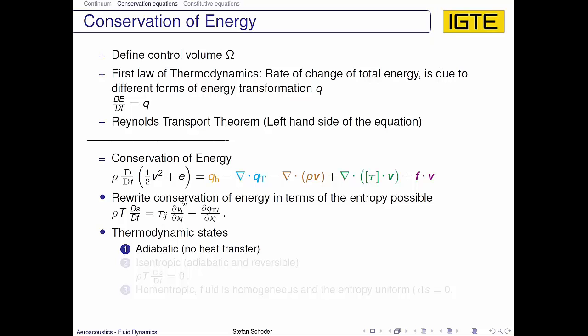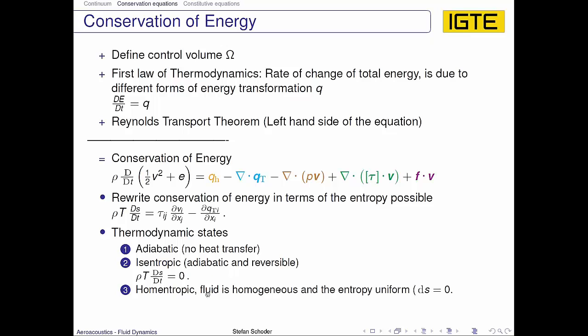The loss term is the first term on the right hand side, and this means that in the isentropic case we are adiabatic and reversible, which means that we simply have a zero on the right hand side, and if furthermore the fluid is homentropic, this means that the fluid is homogeneous and the entropy is uniform, which simply says that the total change of the entropy is zero.